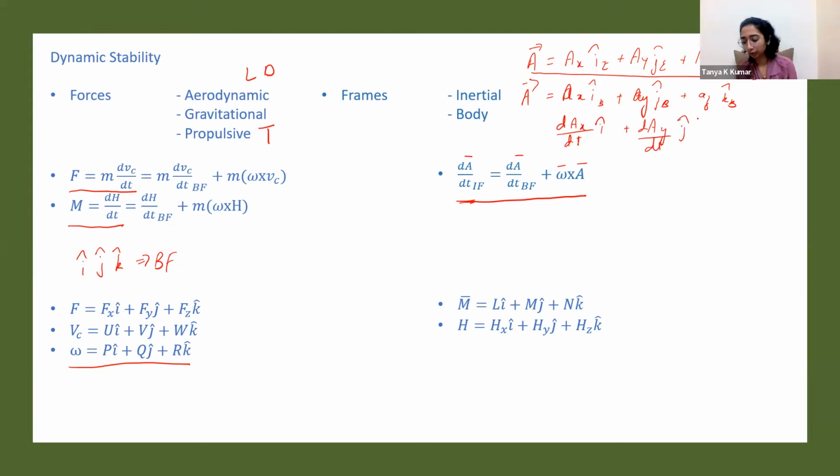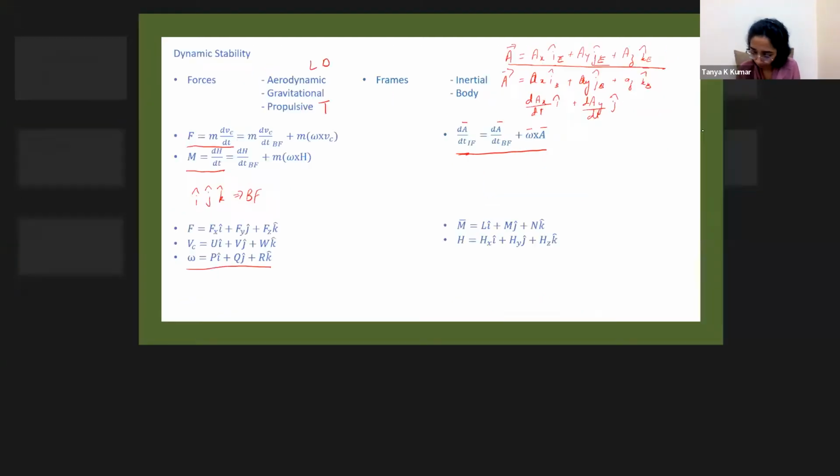The derivatives of those unit vectors are 0 because you're assuming your inertial frame to be fixed. Why? Because you've taken the earth fixed frame as your inertial frame. We can assume it to be inertial for our case because your dynamic analysis is performed for a short duration. So iE, jE and kE are fixed in time.